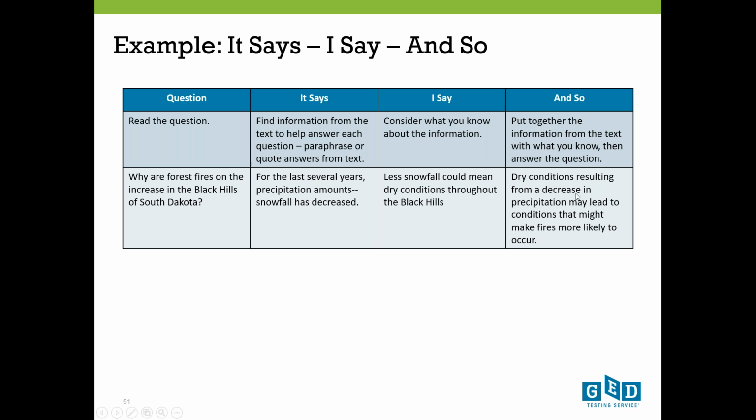And so, dry conditions resulting from a decrease in precipitation may lead to conditions that might make fires more likely to occur. It says, I say, and so. Simple process to go through so that I can make those inferences as I'm moving through, because this is not telling me specifically that these dry conditions are occurring. I have to take what I know. If it's less snowfall, that means that it's drier, and put that information together.